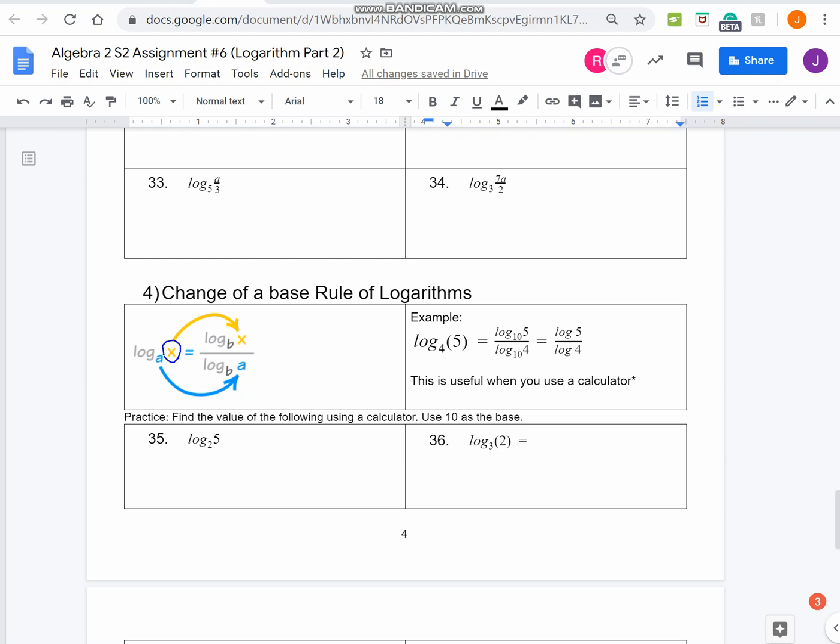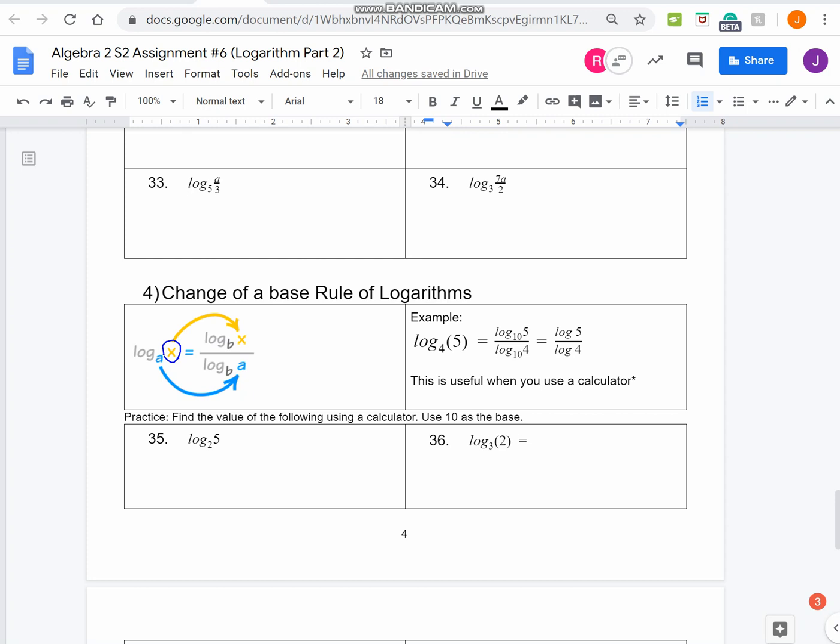But like I said earlier, when you're using a calculator, base 10 is always the default setting. So we're going to change it into log base 10 so that we can easily use a calculator to evaluate the logarithm expression. So here's the example: log base 4 of 5.